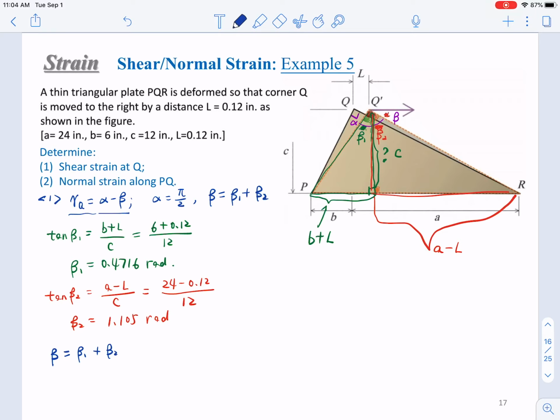Then gamma Q can be calculated by pi over 2 minus 0.4716 plus 1.105.